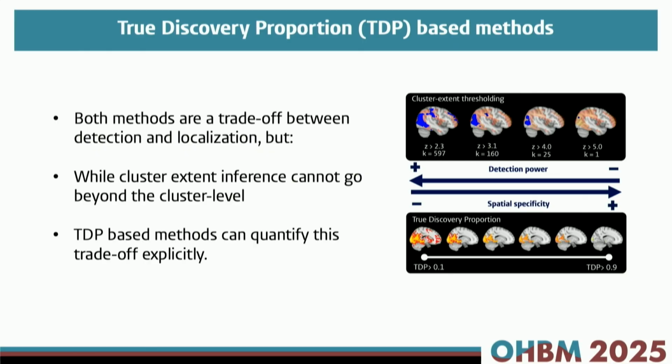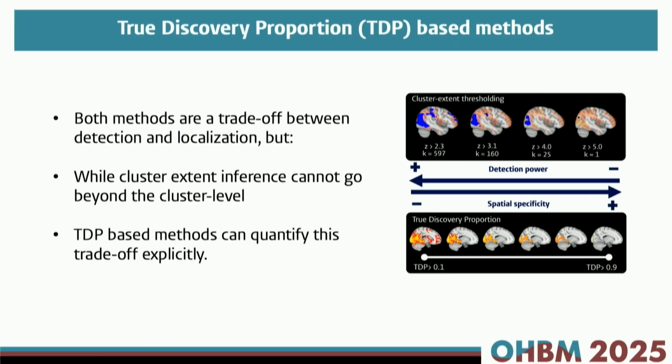The true discovery proportion can be used as a value. Let's say I want to be very certain where my activity is, I want a very high true discovery proportion. I might set it to 1, but then you're just doing voxel-wise analysis. But you can also set it somewhat lower. If your goal is just to detect if there's some activation somewhere, you can set a very low true discovery proportion, and it will give you some results.